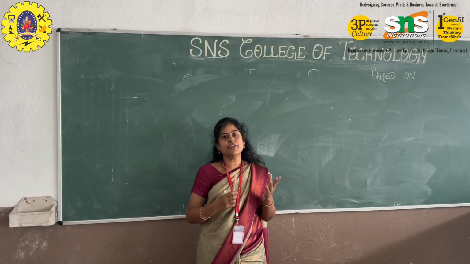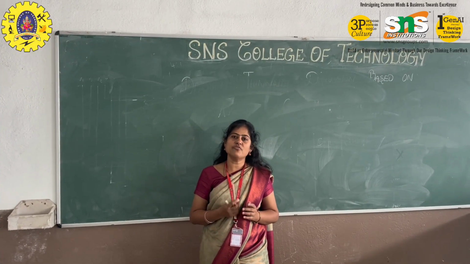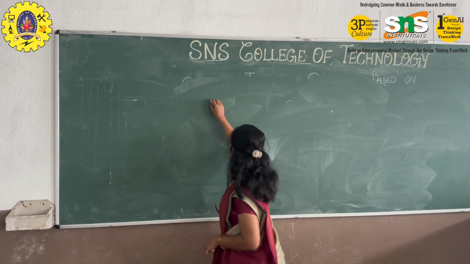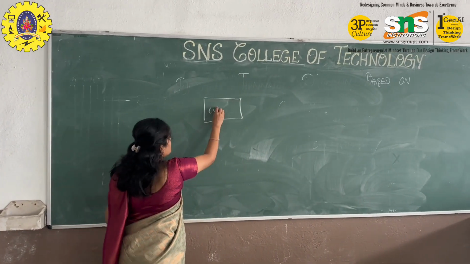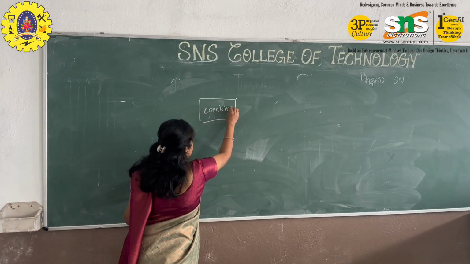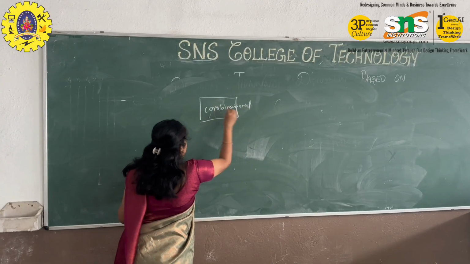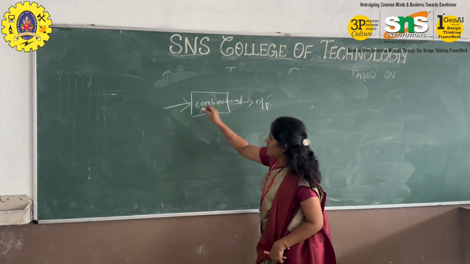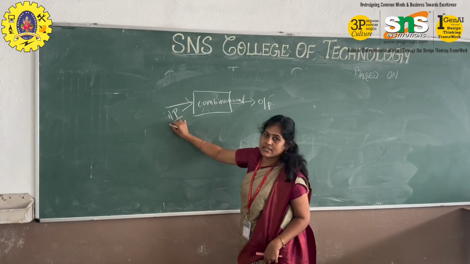In a combinational circuit, we don't need memory, but in a sequential circuit, we need a memory to store the past output values. In a combinational circuit, we give the input and the output is produced depending only on this input.